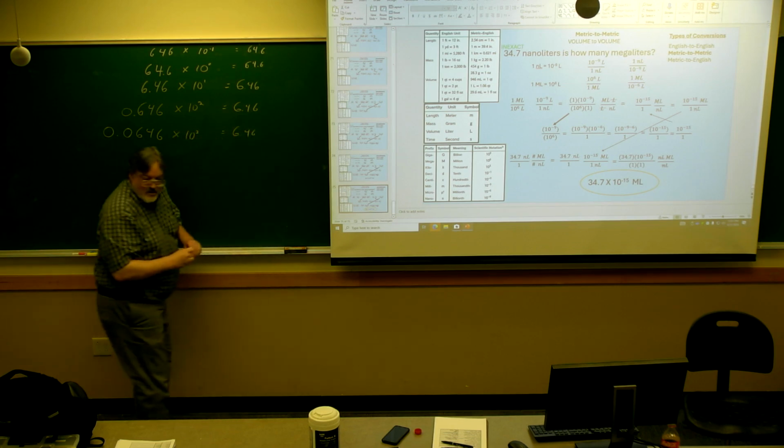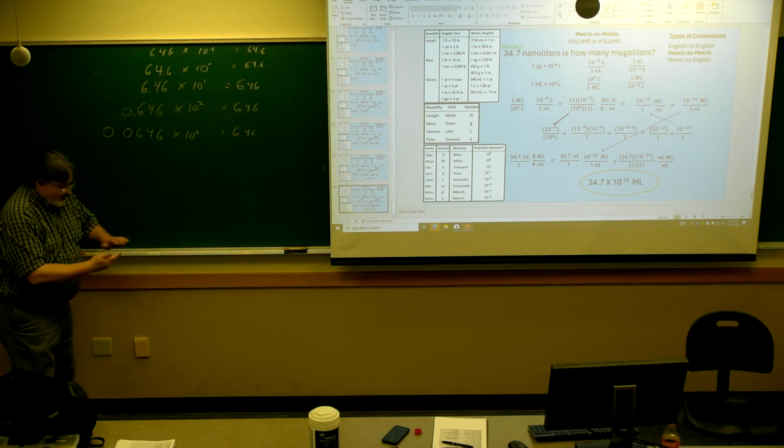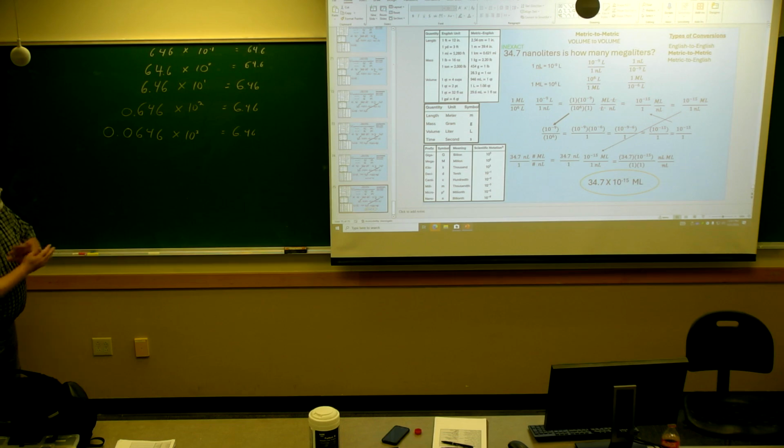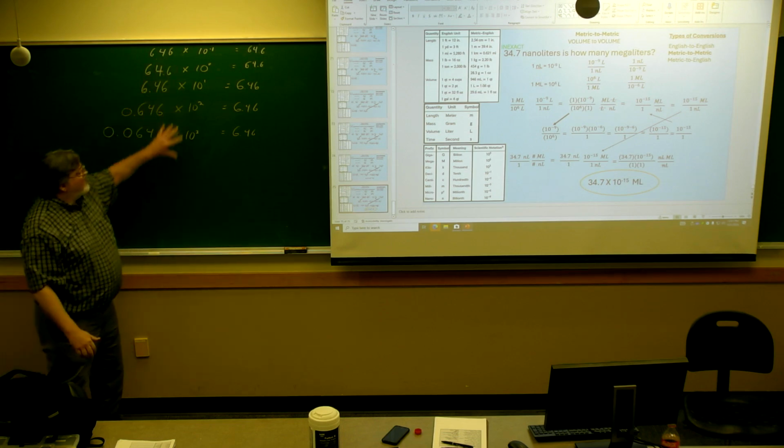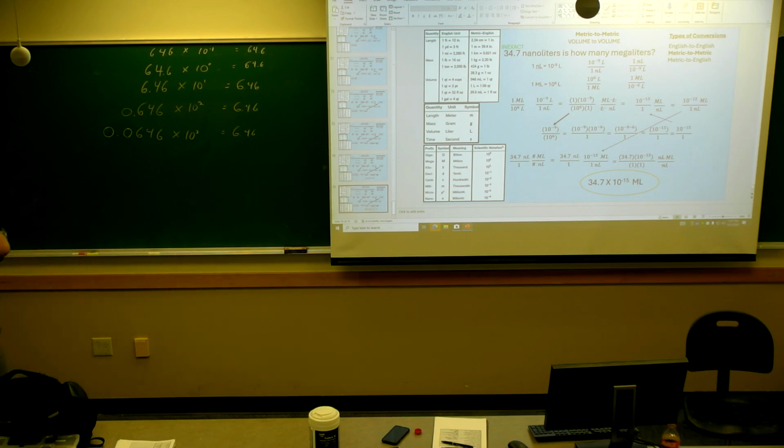Oh, writing on the chalkboard sucks. All right. All of these numbers are in scientific notation. They're all in exponential notation.